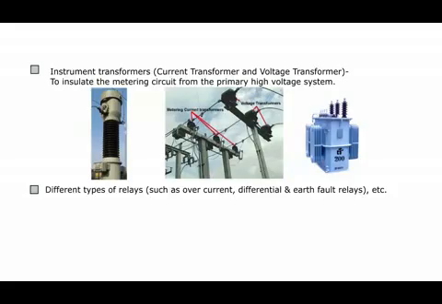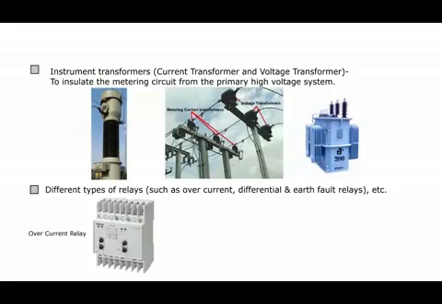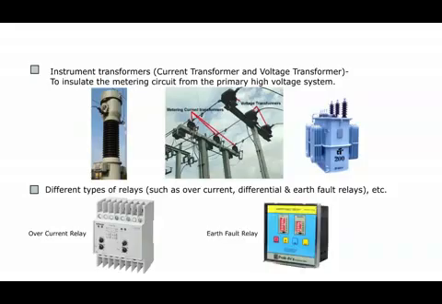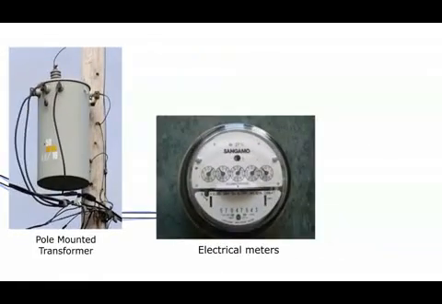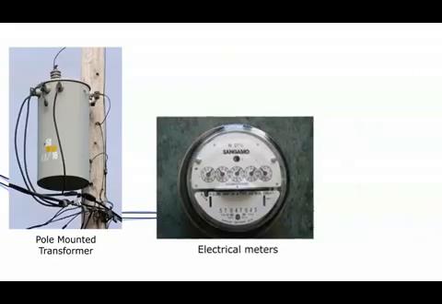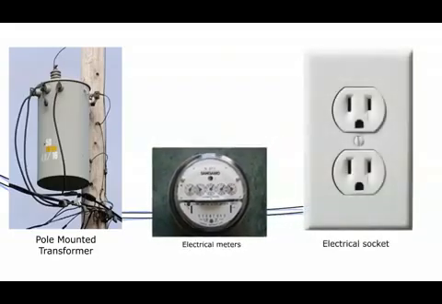Different types of relays such as overcurrent, differential and earth fault relays, etc. The electricity coming from the transmission lines is at much higher voltages and we don't require such high voltages. Therefore, the voltage level is stepped down using distribution transformers as required by the consumers and then distributed to different types of consumers.